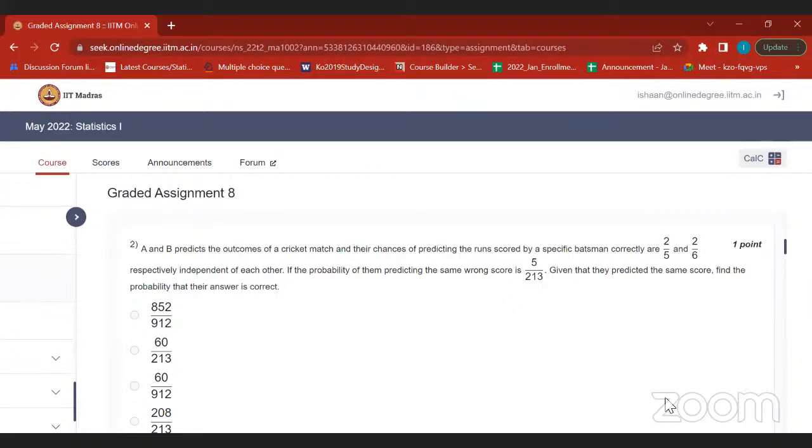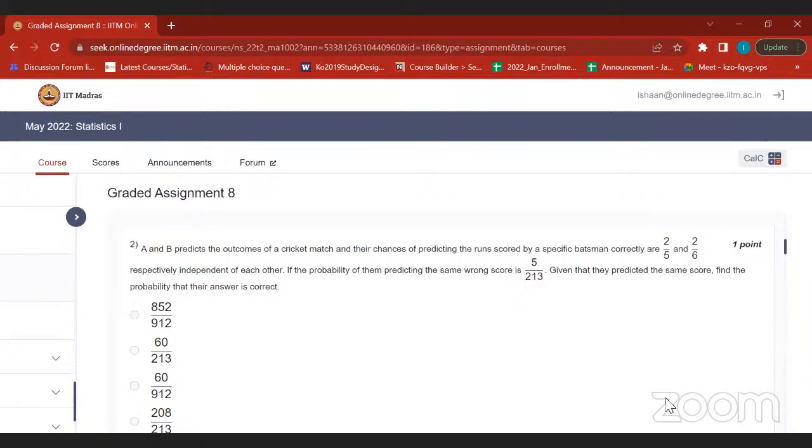Here the two probabilities are given as 2 by 5 and 2 by 6. The chance of predicting the runs scored by specific batsmen correctly are 2 by 5 and 2 by 6.